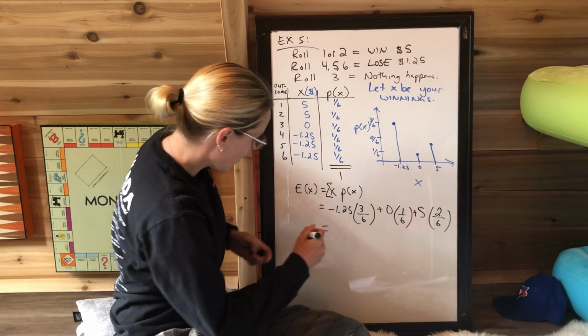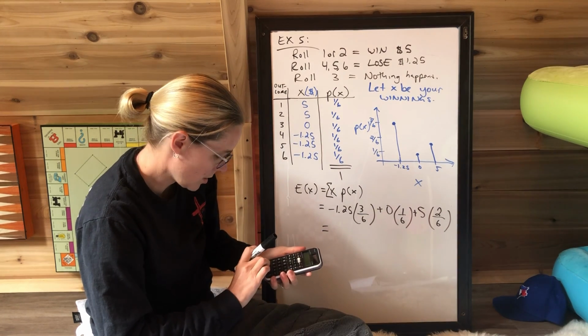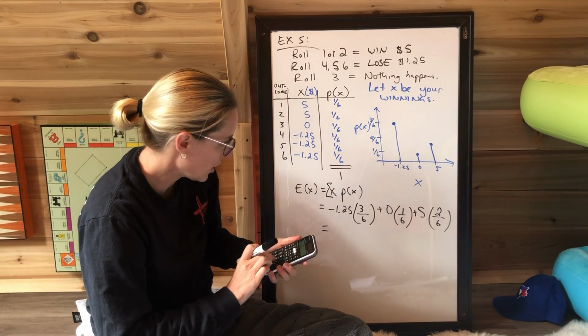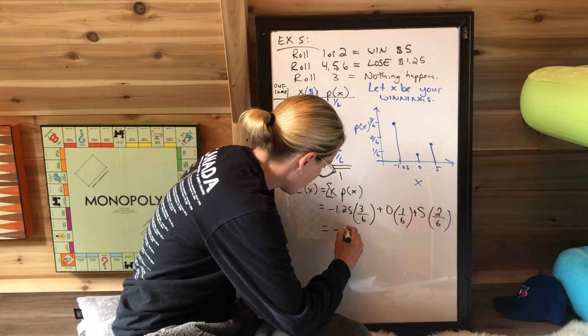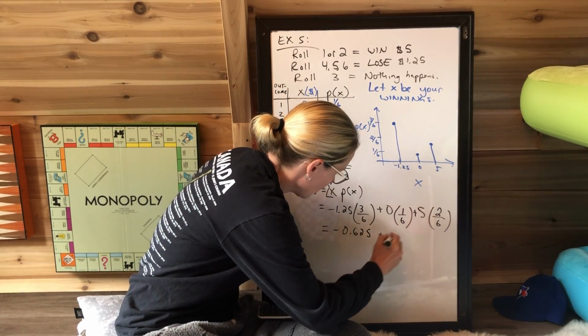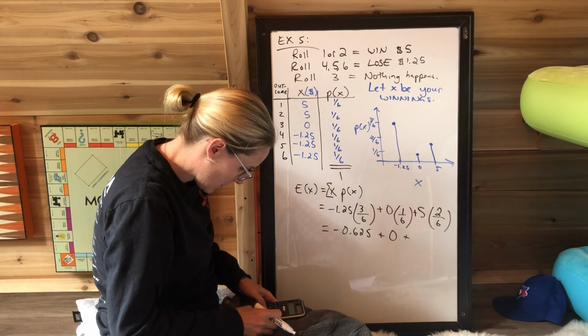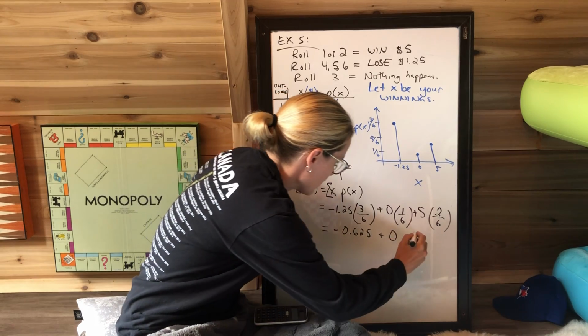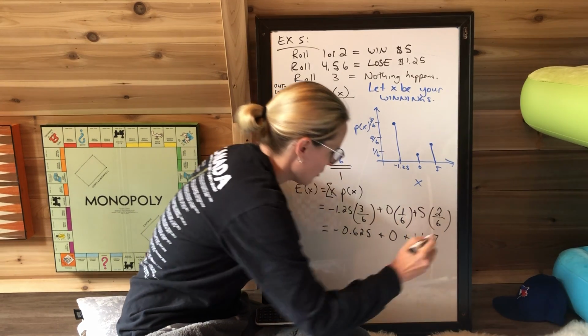Okay, if you actually go about doing all this, let's see what happens here. Negative 1.25 times 3 over 6, you get negative 0.625. Obviously this one becomes 0. And this 10 over 6 becomes 1.667, we'll say.